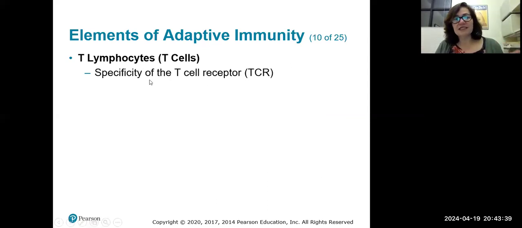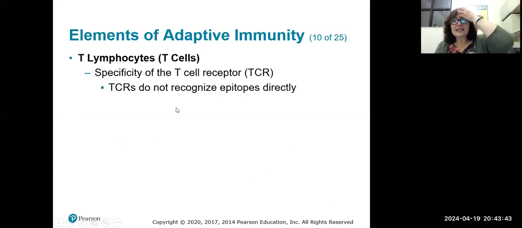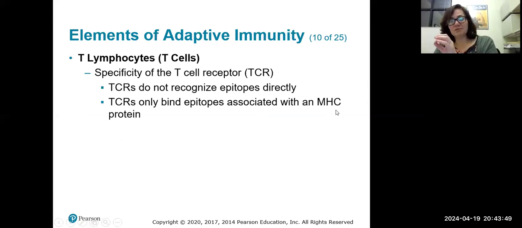The specificity of these T cell receptors, they don't recognize those little bits of the antigen directly. They have to be presented on that major histocompatibility protein. It has to be presented on that platform, or else this cop cannot see the license and registration.